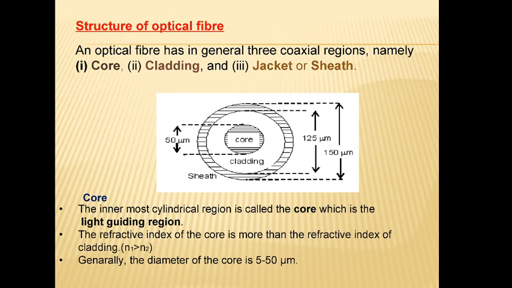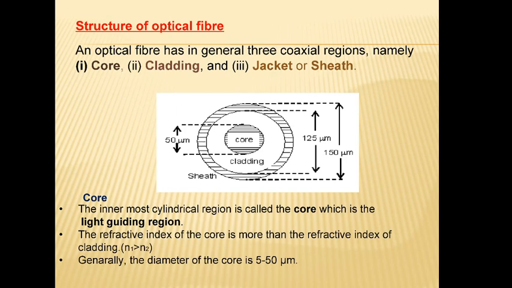The innermost cylindrical region is called the core, which is the light guiding region. This means that the light is confined only to the core. Generally, the refractive index of the core is more than the refractive index of the cladding. The diameter of the core is 5 micrometers to 50 micrometers.